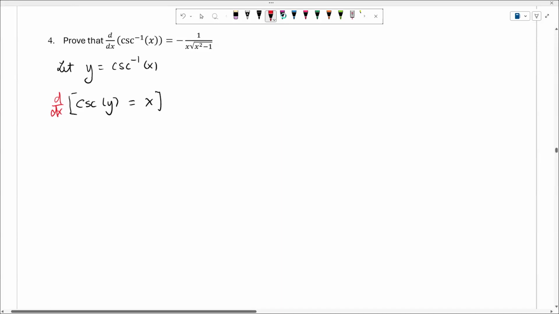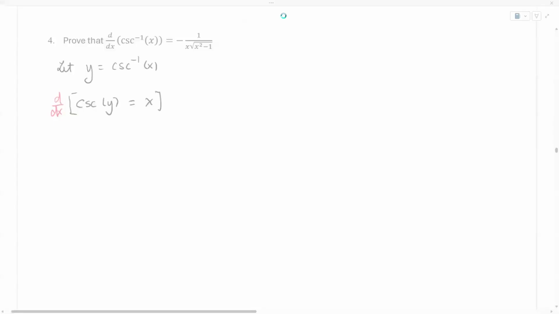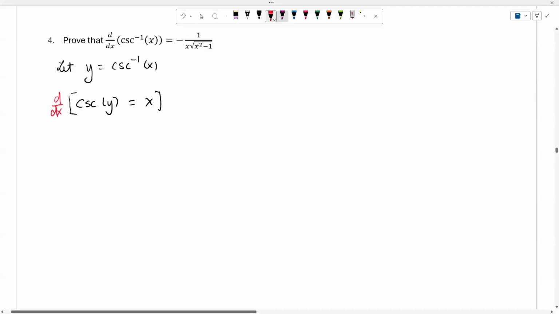I don't know if you remember the derivative. The derivative of cosecant of y, it will be negative cosecant y cotangent y, y prime equal to 1.